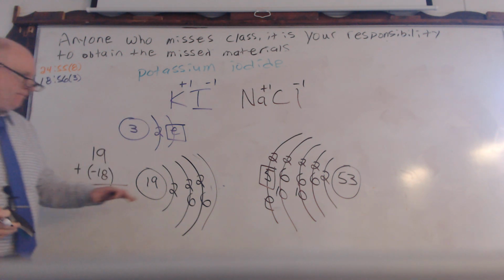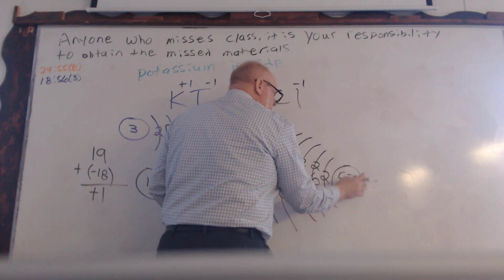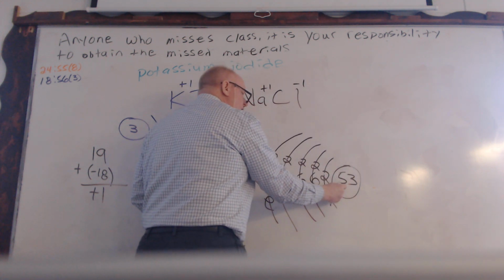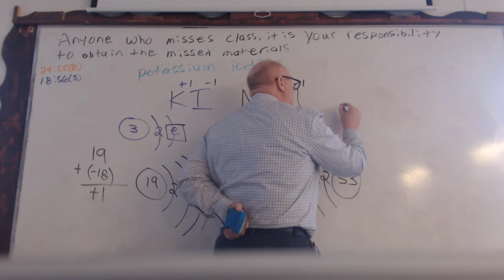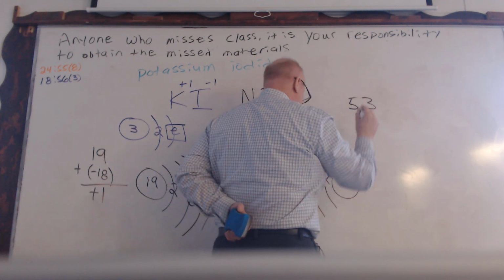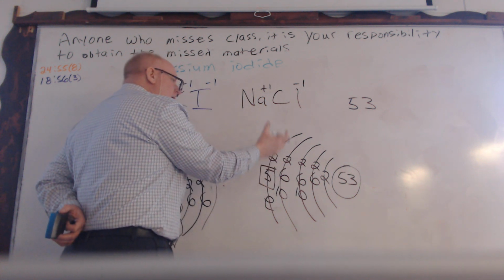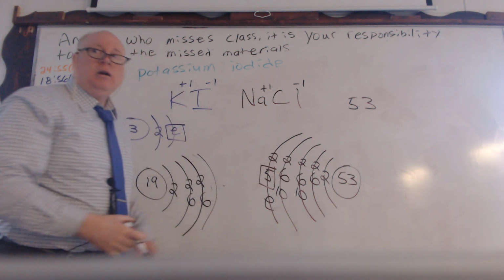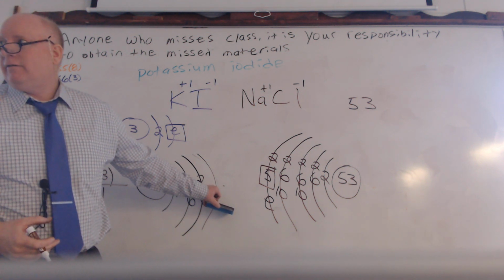All right. So, when we do this, how many positive charges are in the nucleus for iodine? 53. Okay? So, if we add all these together, it had 53, but what did we do? We added one more, right?